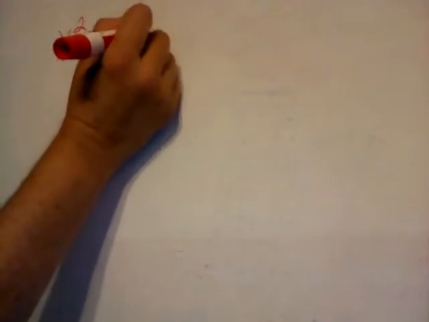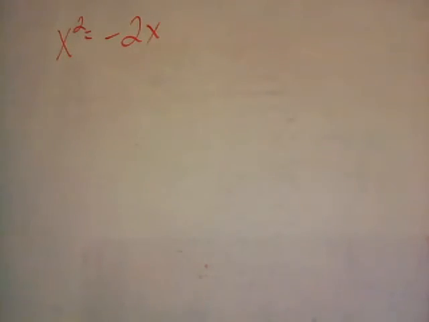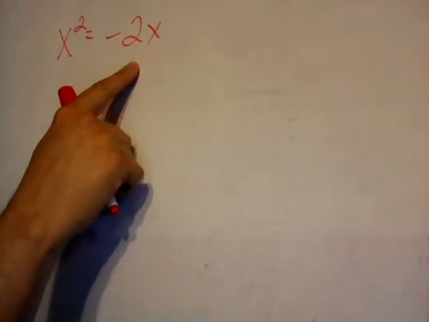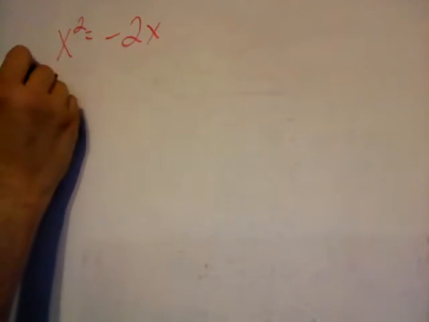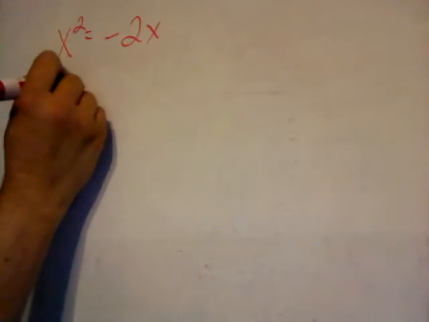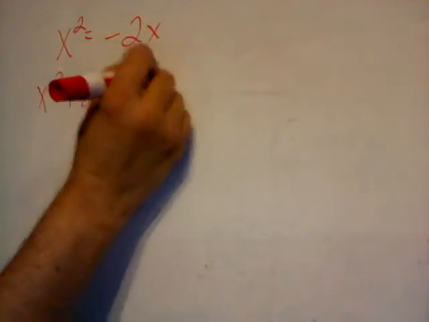Okay, let's look at number 13. And it says x squared equals a negative 2x. Again, this is not nicely set equal to 0 for us, so we have to set it equal to 0. We're going to move the negative 2x, which gives me x squared plus 2x equals 0.